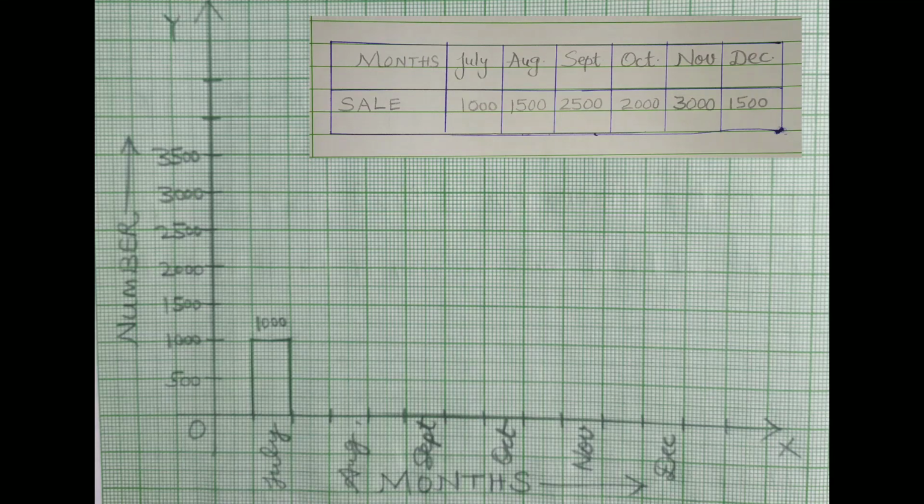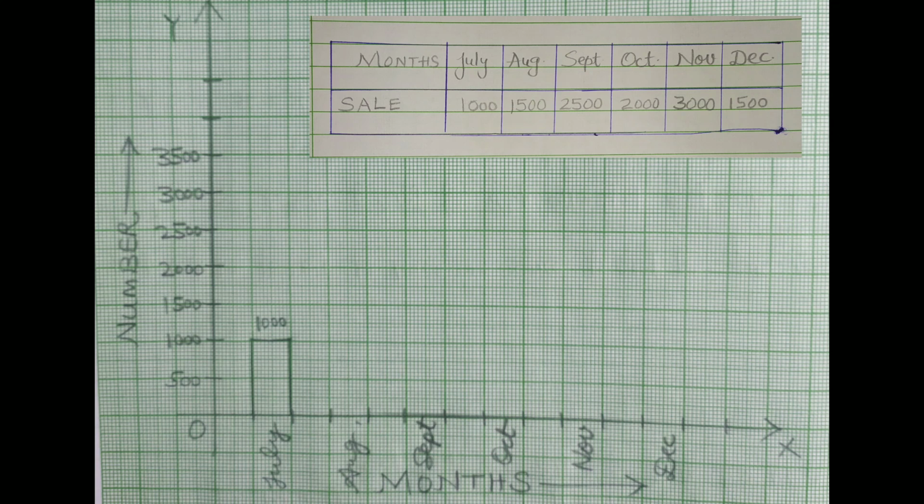Now we put the value for the month of July. It is 1000. So for July we take 1 centimeter breadth and 1000 as the length of the rectangle, and we have the rectangular bar for July. This is the first bar that we have made.